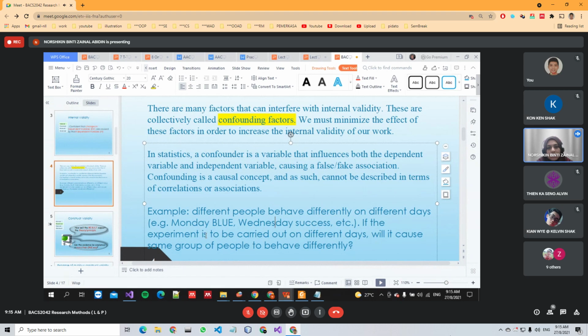That is the confounding factor. Will carrying out the experiment on different days cause the same group of people to behave differently? This is what I said just now.